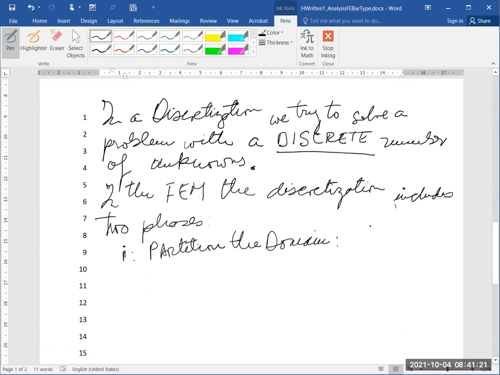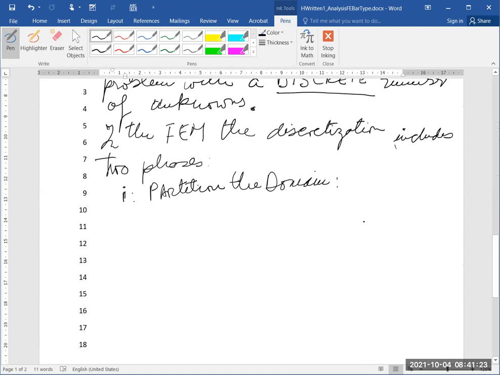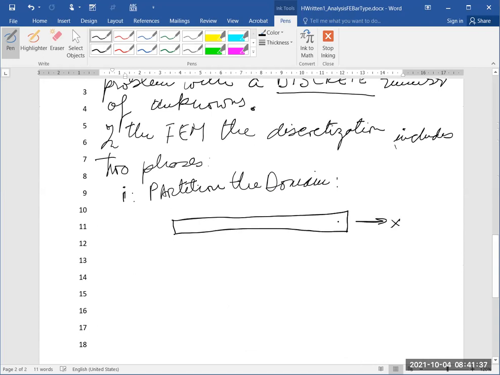Now, in the case of the finite element, instead of doing that, we partition the domain. So we said, okay, this is the beam. This is X. In this direction, we measure V. This is 0. Let's include the supports. Here is the load, F. So this is the system.